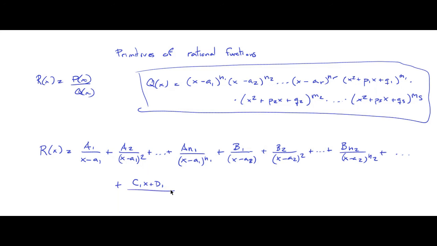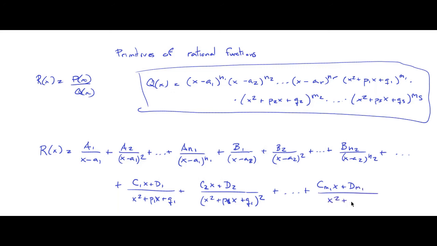It's c1x plus d1 divided by x squared plus p1x plus q1, and then c2x plus d2 divided by x squared plus p1x plus q1 squared, plus and so on, plus all the factors that you have up to m1, so cm1 x plus dm1 divided by x squared plus p1x plus q1 to the m1. So each factor appears in the decomposition as many times as its multiplicity. And so you can do that with all the factors.